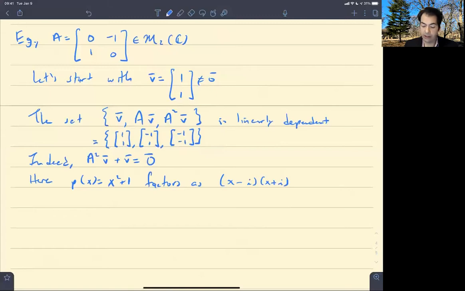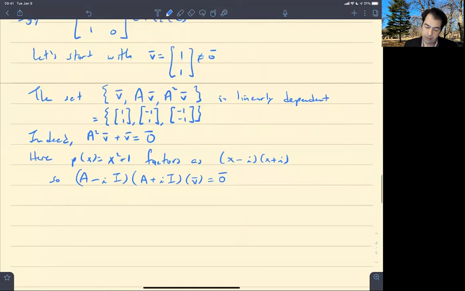It's a difference of squares, because in the complex numbers, minus 1 is a square. So coming back to our vector equation, I can write this as A minus i times the identity multiplying A plus i times the identity applied to the vector v, and we're guaranteed that that's 0.